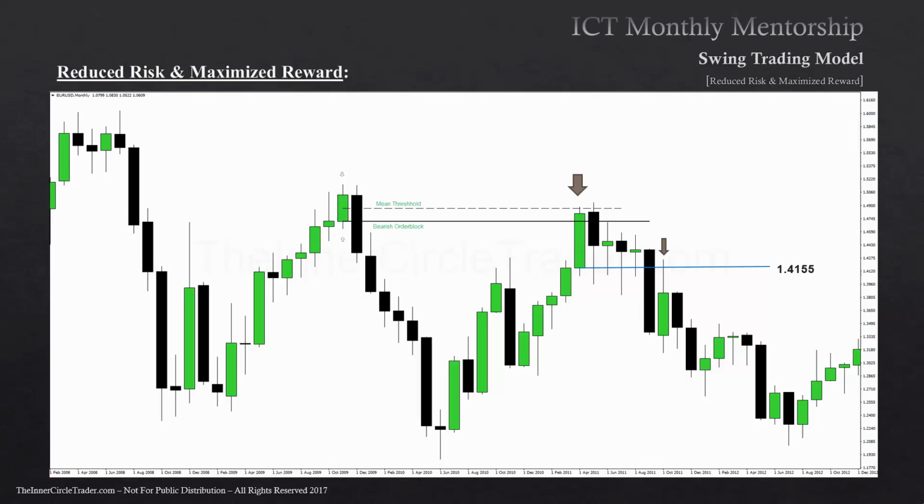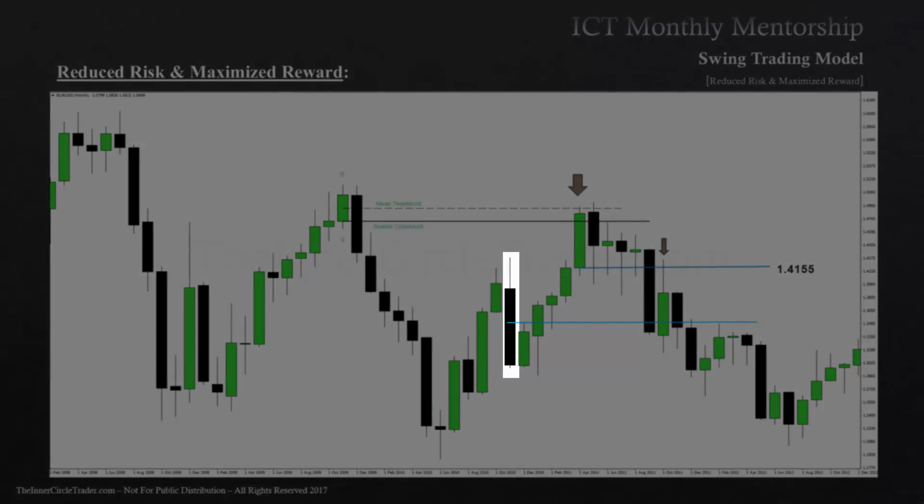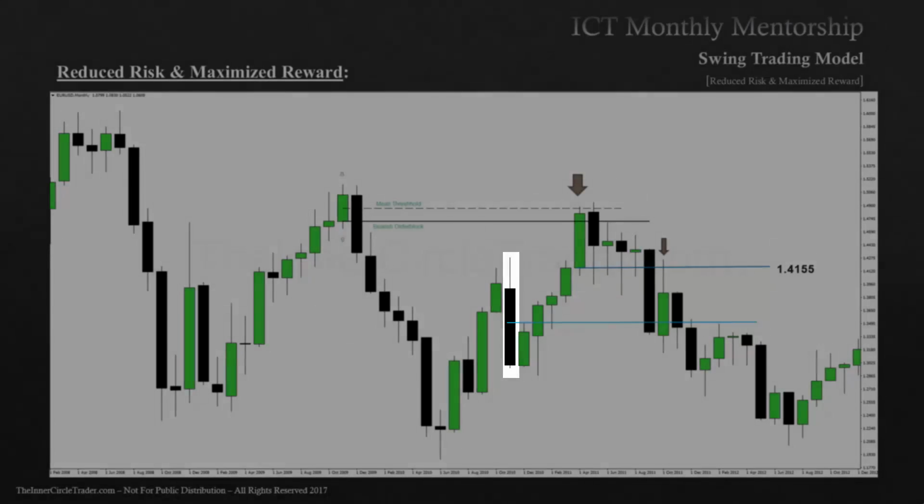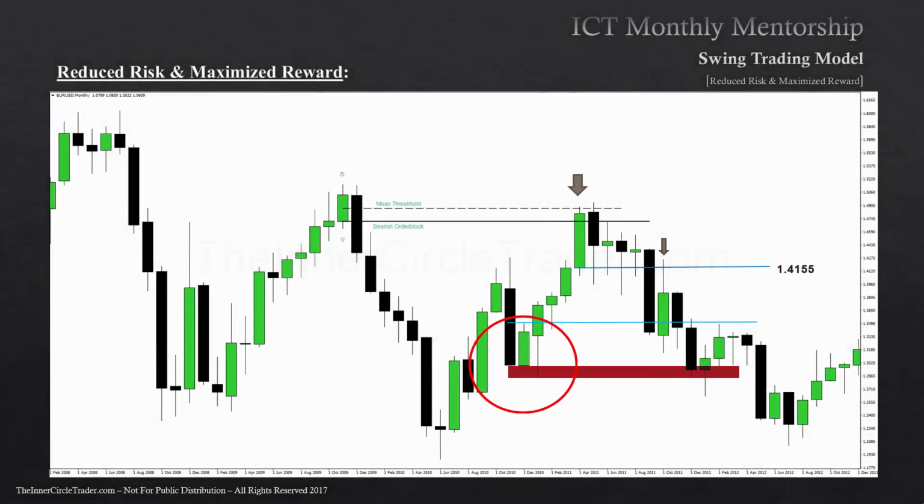Where would you look to take profits? The first one you're going to be looking for is the mean threshold of that last down candle in 2010. We've already traded there once, but I want you to consider that as your first objective. And then you'd consider the down candle in October, that same candle's low.